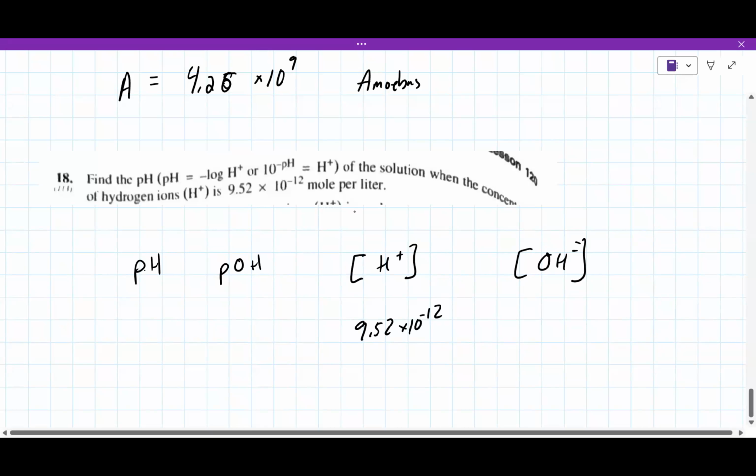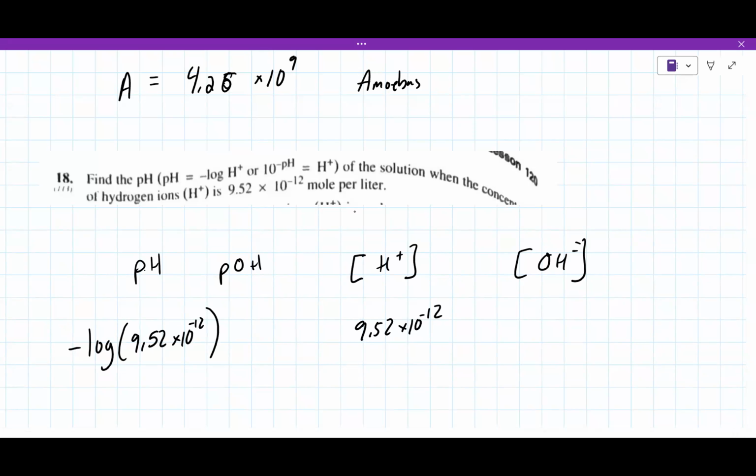And so the pH in this problem is minus the log of 9.52 times 10 to the minus 12. Let's see. Would you like me to calculate that?